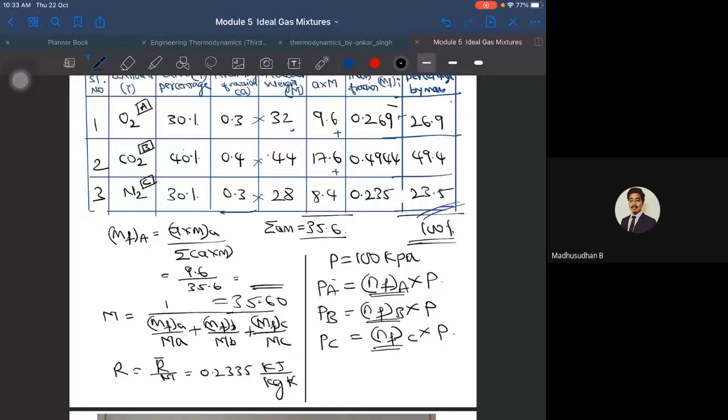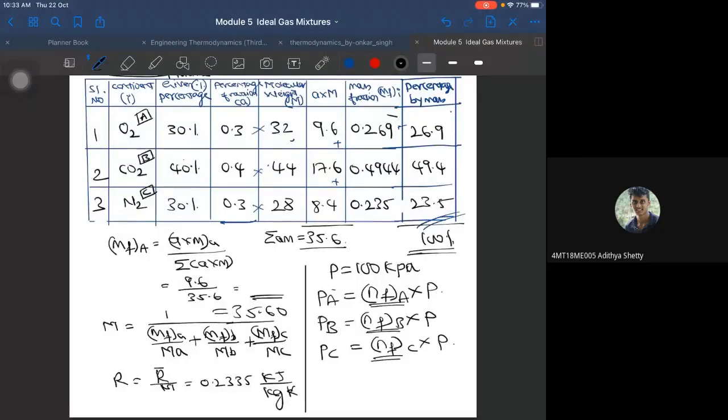So how will you get the values of the mole fractions? Number of moles of gas A divided by total moles of the gas mixture. Okay, fine.